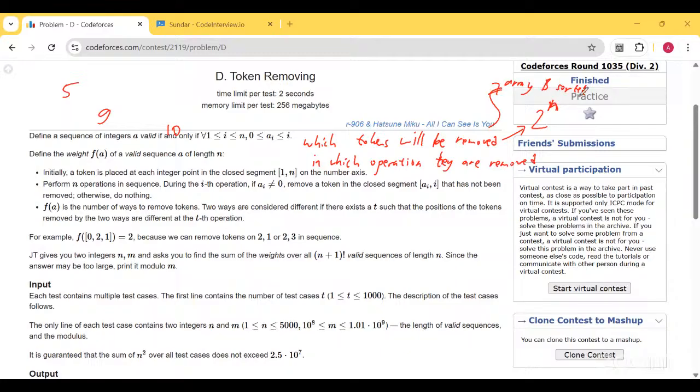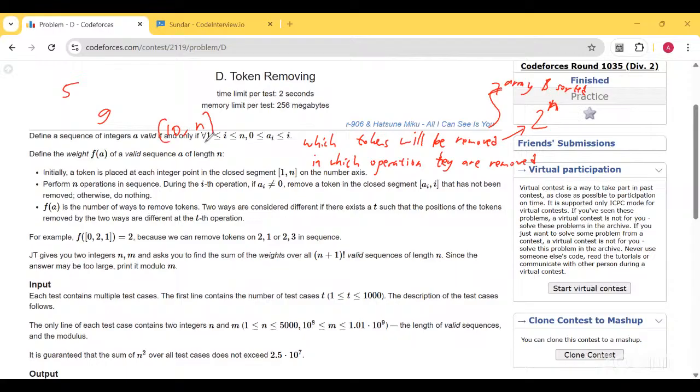So for token 10, it can be removed only in operation 10 to n.